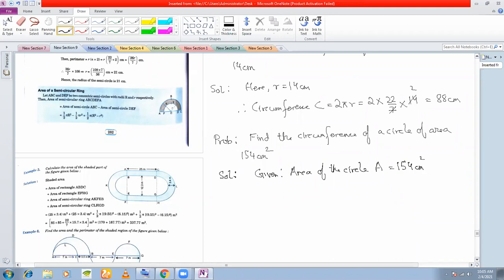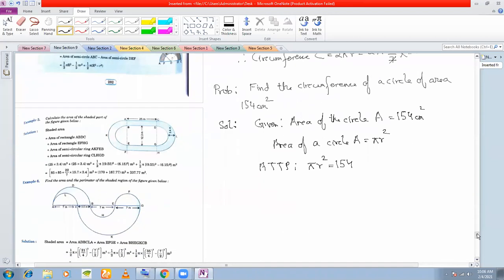Fine. Now we know the formula for area is pi r square. So area of a circle A is equal to pi r square. So according to the problem, this pi r square must be equal to 154. Now you put the value of pi.